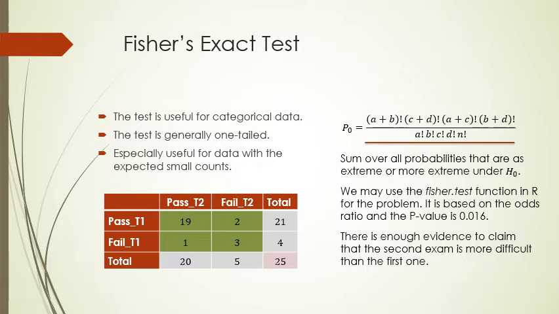The contingency table is shown here, and we may use the fisher.test function in R for this problem. The calculation is based on the odds ratio, and the p-value is 0.016. Thus, we will reject the null hypothesis and suggest there is enough evidence to claim that the second exam is more difficult than the first one.